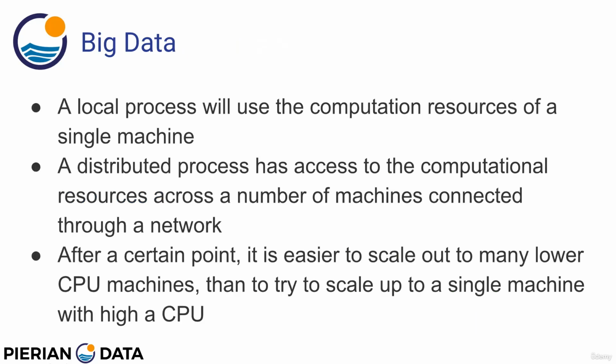As I previously mentioned, a local process will use the computation resources of just a single machine. A distributed process will have access to the computational resources across a number of machines connected through a network. After a certain point, it's much easier to scale out to many lower CPU machines than it is to scale up to a single machine with a high CPU.